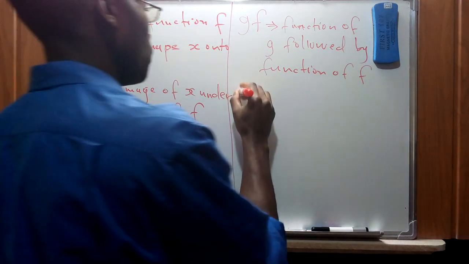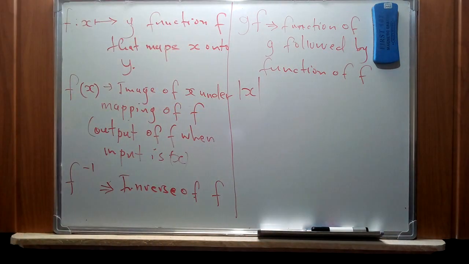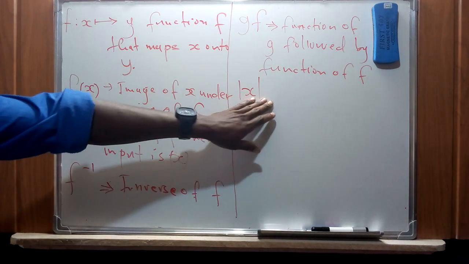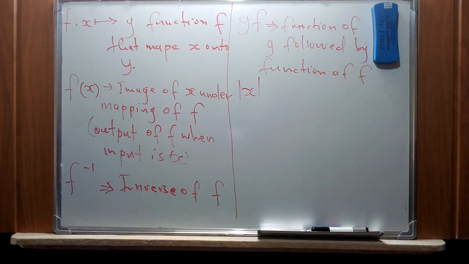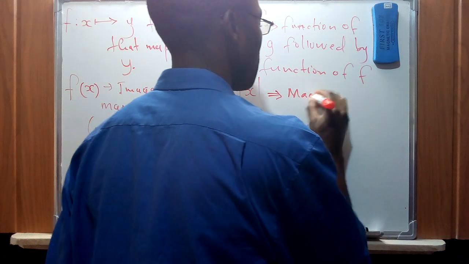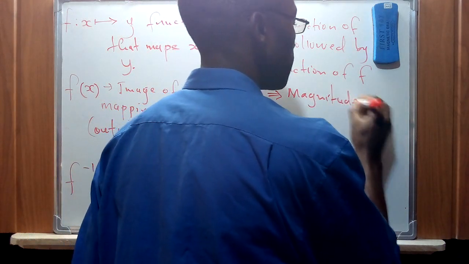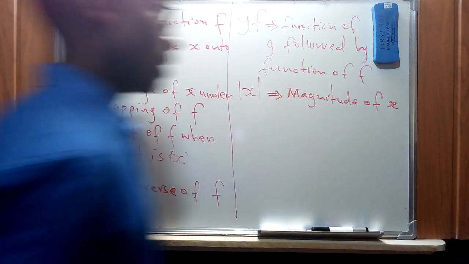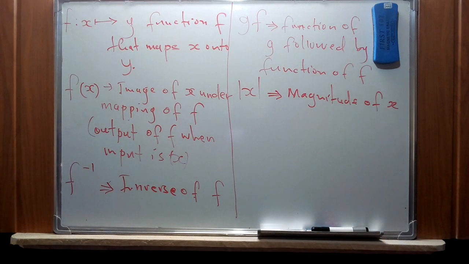And then we shall have a symbol that has two vertical lines on either side that enclose the letter X. It can be an alphabetical letter, or maybe a symbol that we're going to see later in case we come across one. That refers to the magnitude of X. Mostly this is just an absolute value, and we're going to see it in case we come across it.